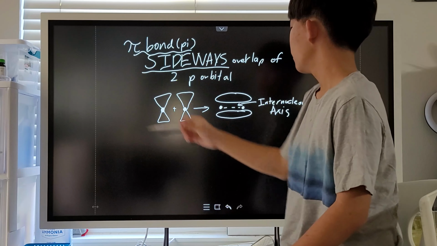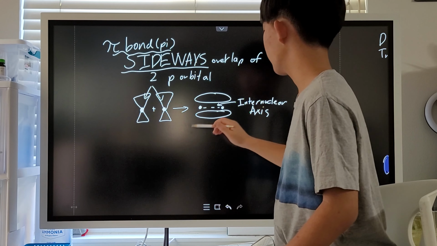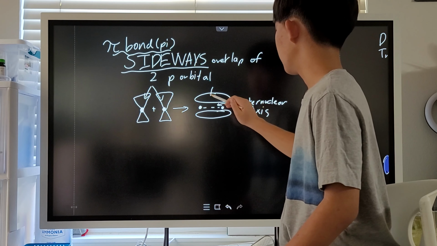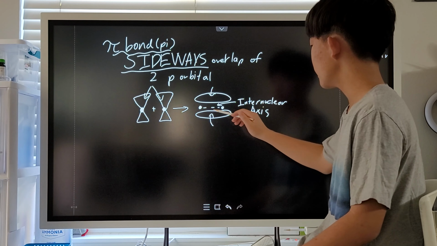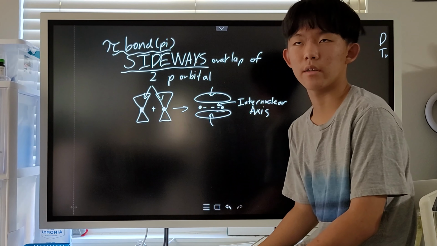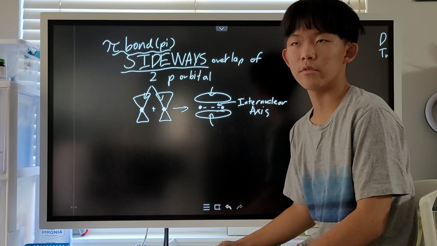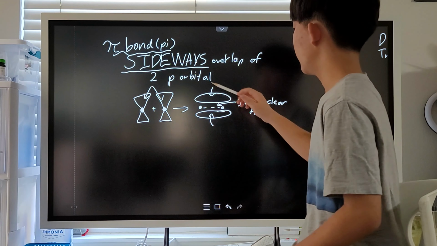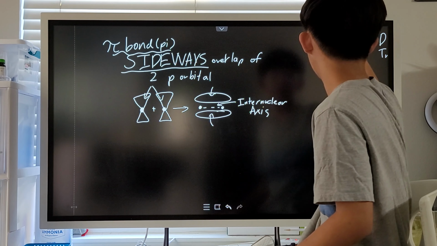Here though, we can see that these two orbitals are both merging together to produce this large orbital. And this dotted line is the internuclear axis, the line between two nuclei. As you can see, the pi bond has the orbitals above and below the internuclear axis.